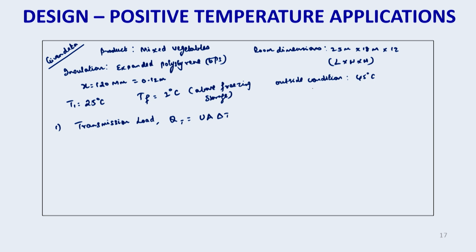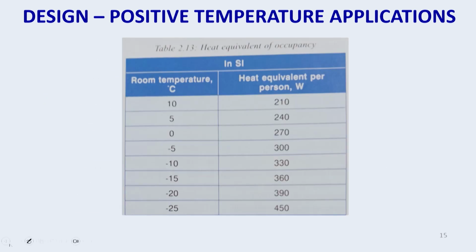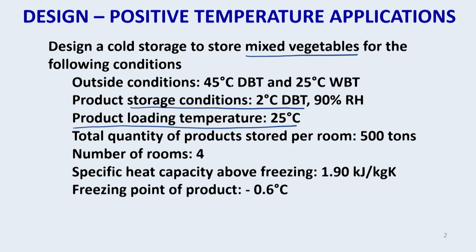Outside temperature we will write 45 degrees centigrade. Inside condition, that is temperature 2 degrees centigrade. It is given in the problem. So, the outside temperature is 45. Storage condition, that is the cold room temperature, is 2 degrees centigrade. So, this is the delta T for the transmission load.